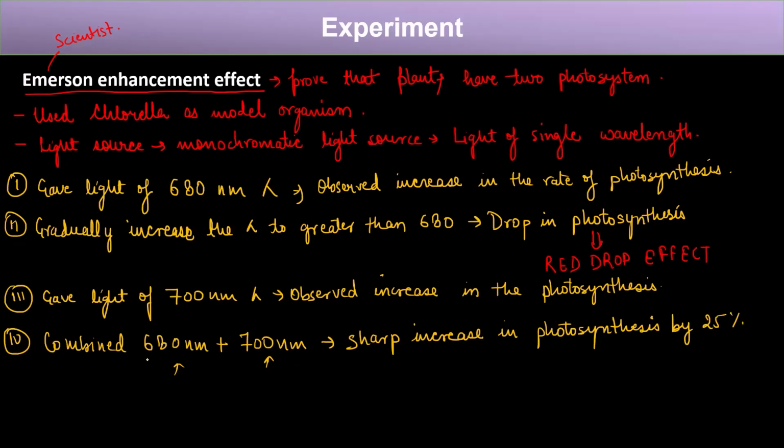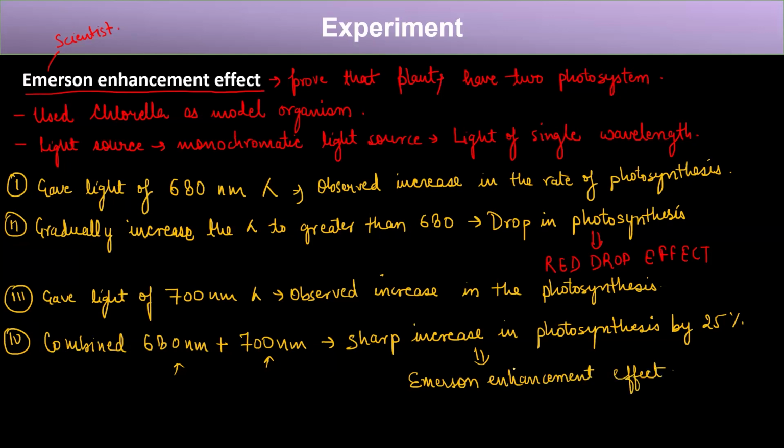So when he gave the combined two lights, there was a sharp increase in photosynthesis by 25%. Because there is enhancement in photosynthesis, this effect is known as the Emerson enhancement effect.